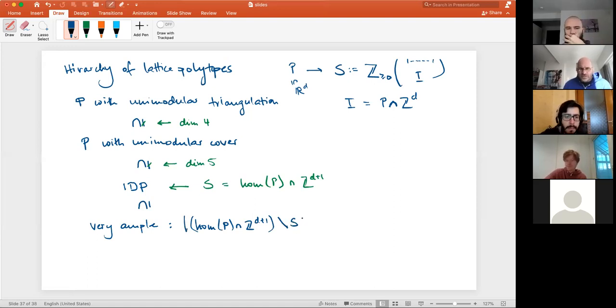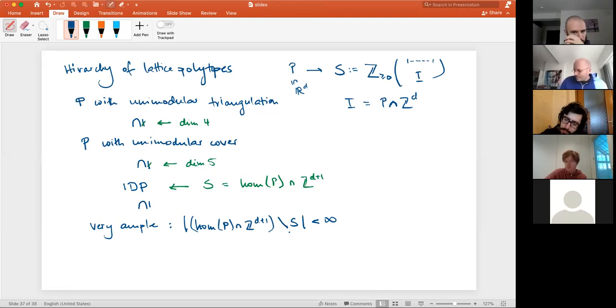And if the difference is finite, that's a definition of a very ample polytope. Some of you know the phrase very ample from algebraic geometry, and there's a connection. This is where the word comes from.